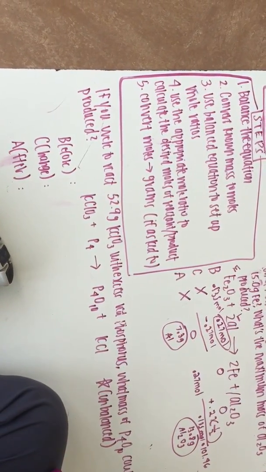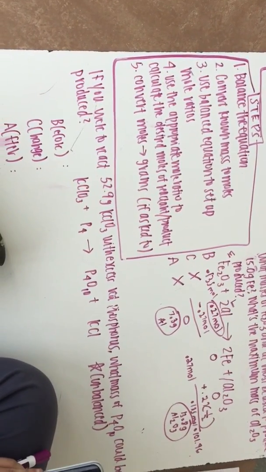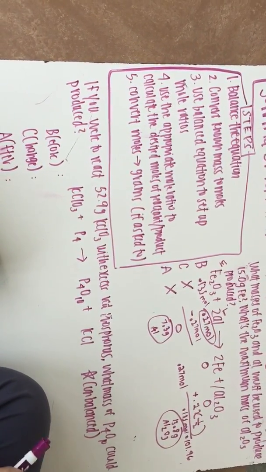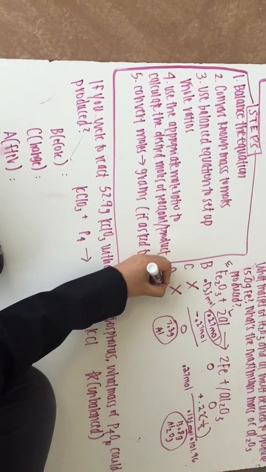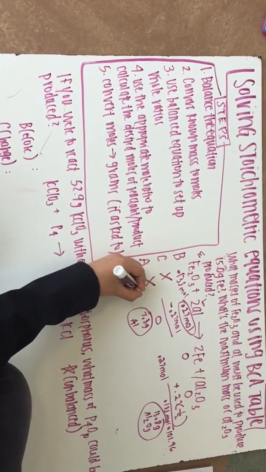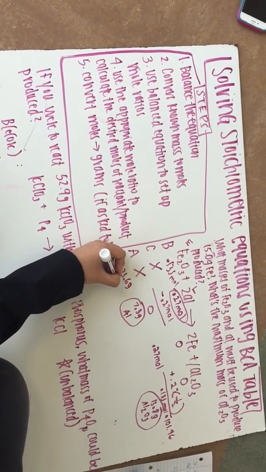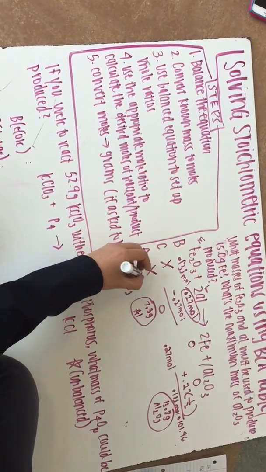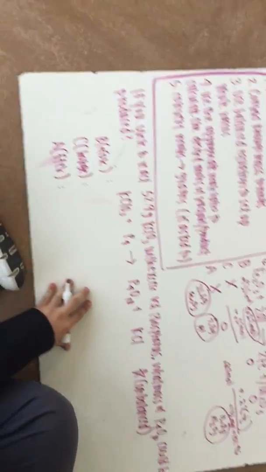So when you do 159.7 times 1.135, you get about 181.3 grams of Fe2O3. That's for the first one.